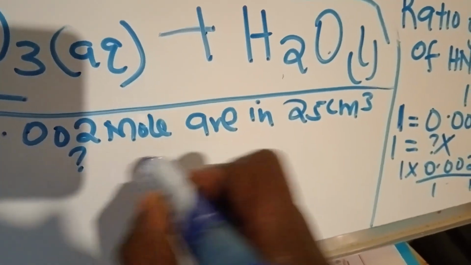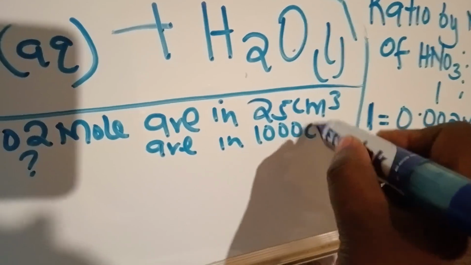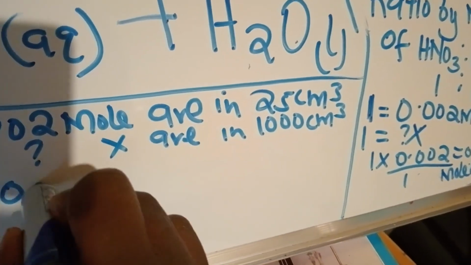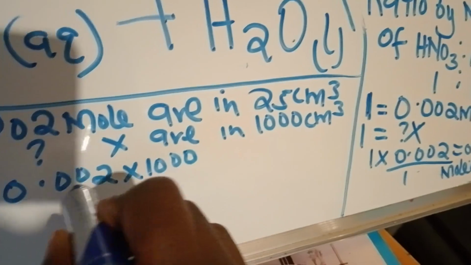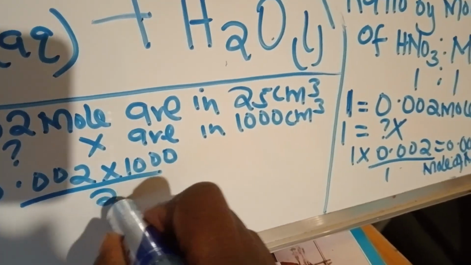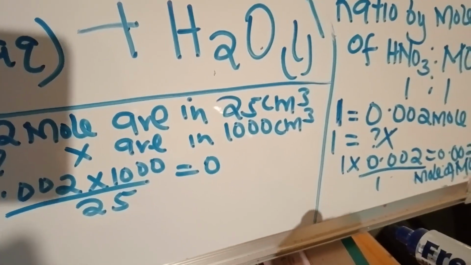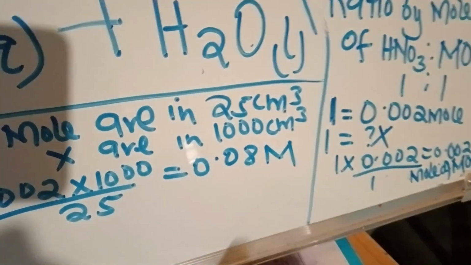So how many moles are there in 1,000 so that we can get the molarity? So it is 0.002 times 1,000 all over 25. So we get 0.08 capital M.